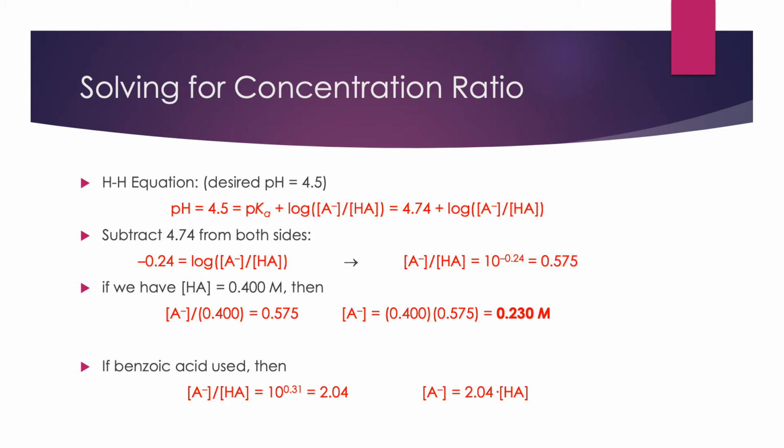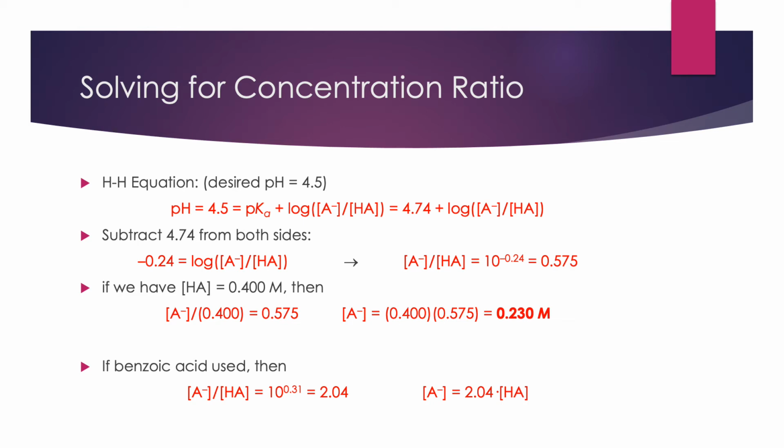Now, let's suppose for whatever reason we had chosen to use benzoic acid instead of acetic acid. You may recall that it had a pKa value of 4.19, so it's not quite as close to 4.5 as acetic acid, but it's still reasonably close. What we would have found is that the ratio of those concentrations would have been 10 to the 0.31, or 2.04.